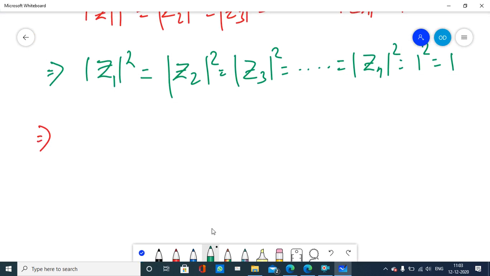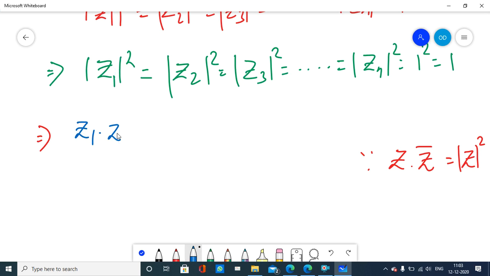Okay. Now, do you remember a concept that we have already learned, that z into z conjugate is the same as mod z square? Do you remember this or not? A complex number times its conjugate is equal to modulus square.